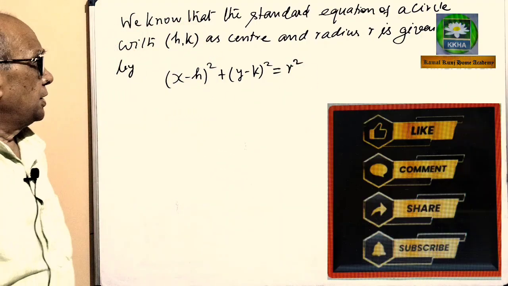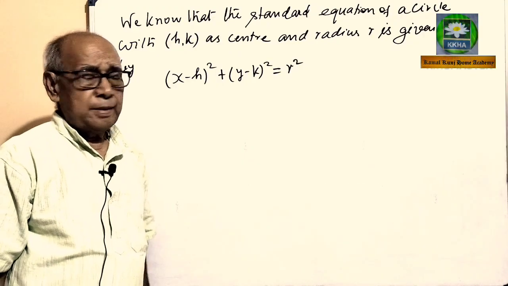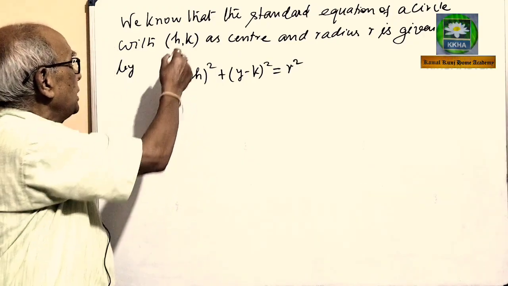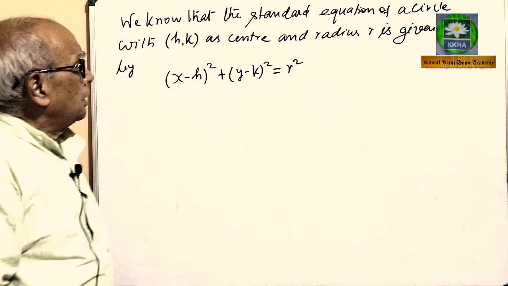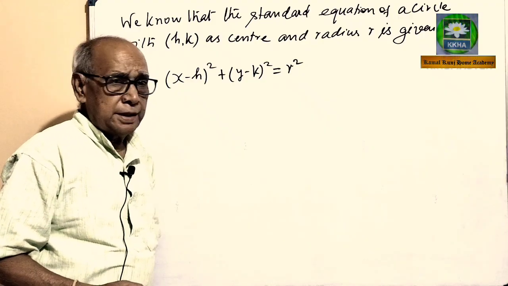This is the standard equation of a circle where h and k are the coordinates of the center and r is the radius of the circle.